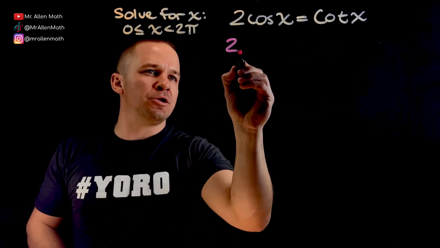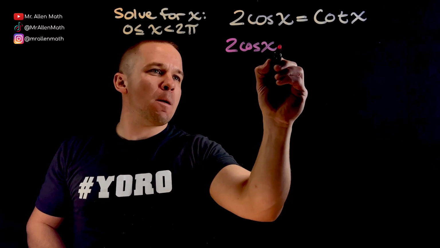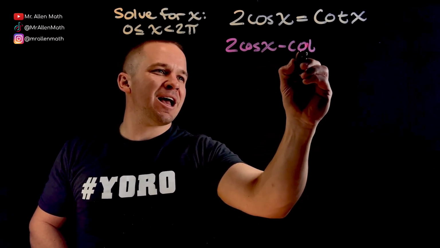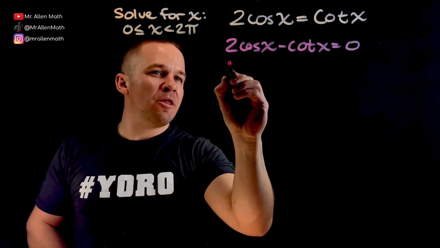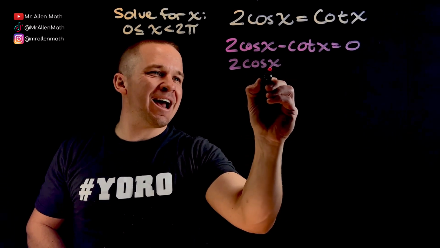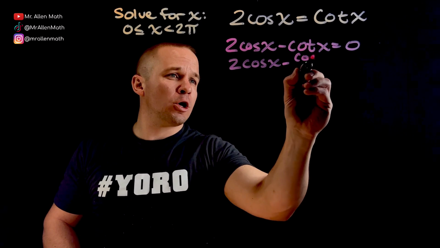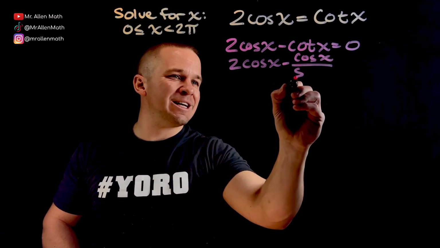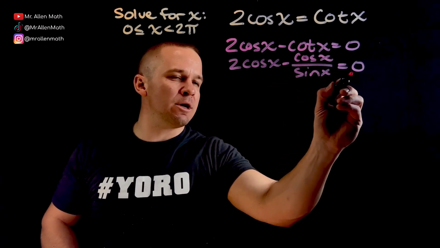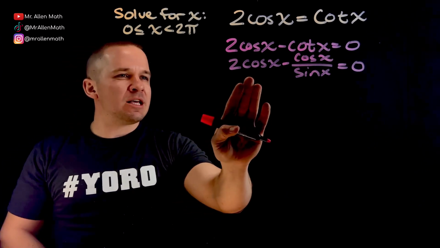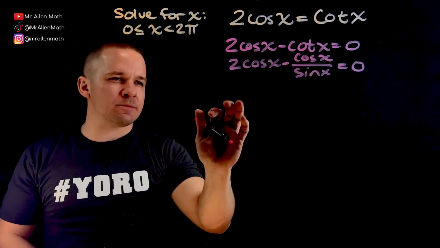So we're going to have 2 cosine x minus cotangent x equals 0. Then I'll change that to cosine x. Cotangent is cosine over sine, so minus cosine x over sine x equals 0. Now I'm going to factor out a cosine as my GCF.